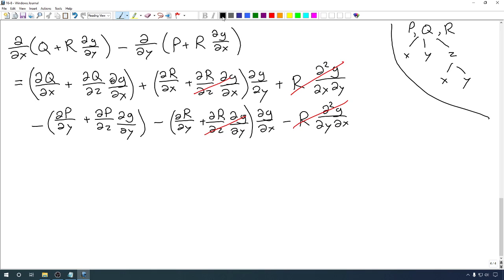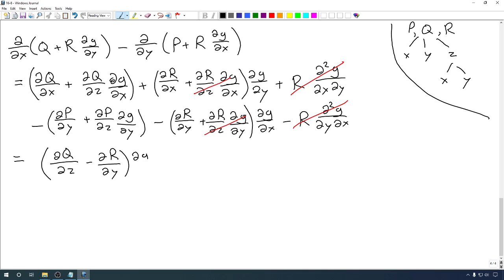So at least we got some terms canceling out, but we do have a lot of other terms. If we write all those out, I'm going to also group them together corresponding to whether or not they have a partial of g with respect to x or partial of g with respect to y. We can see all the ones that have partial g with respect to x. Here we have a partial of q with respect to z. We don't have any more from there, but here we get a minus partial of r with respect to y.